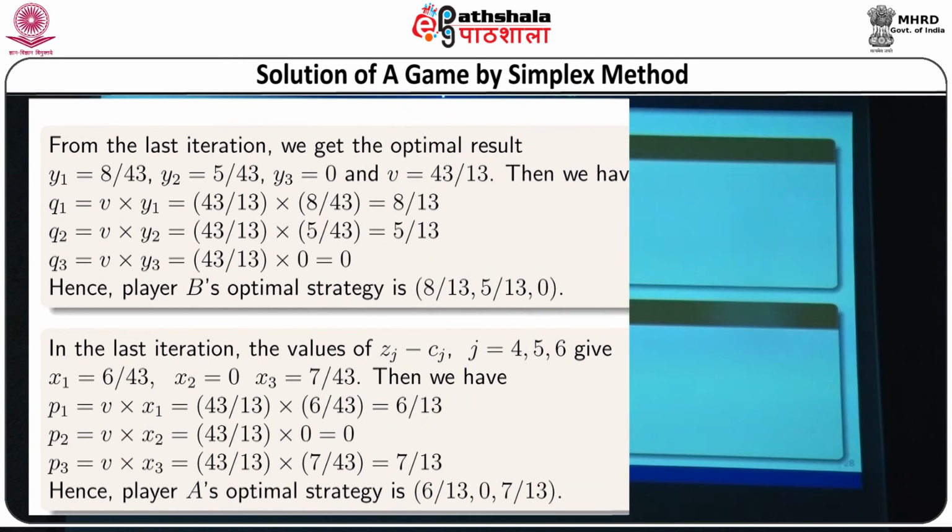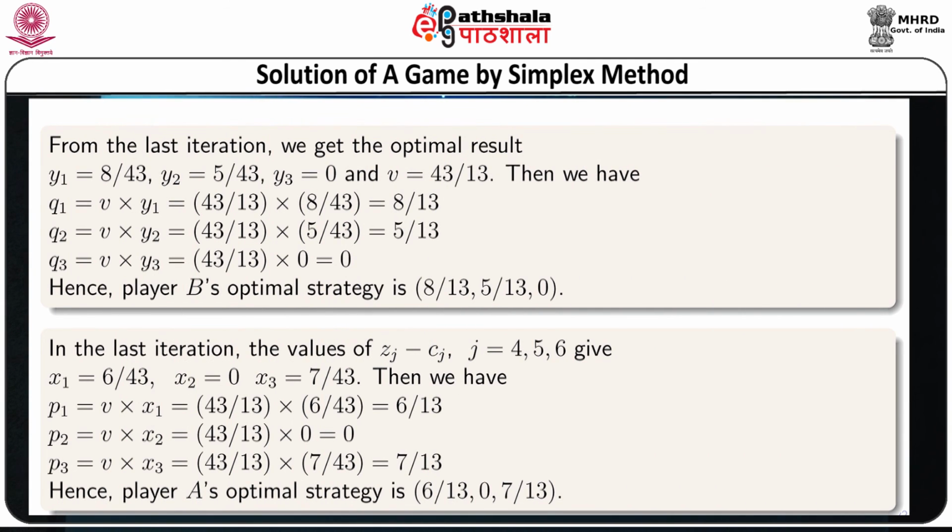So, we get the solution or optimal mixed strategies for the player A as 6 by 13, 0 and 7 by 13 after finding the values of P1, P2, P3 using the values of x1, x2, x3 and V.